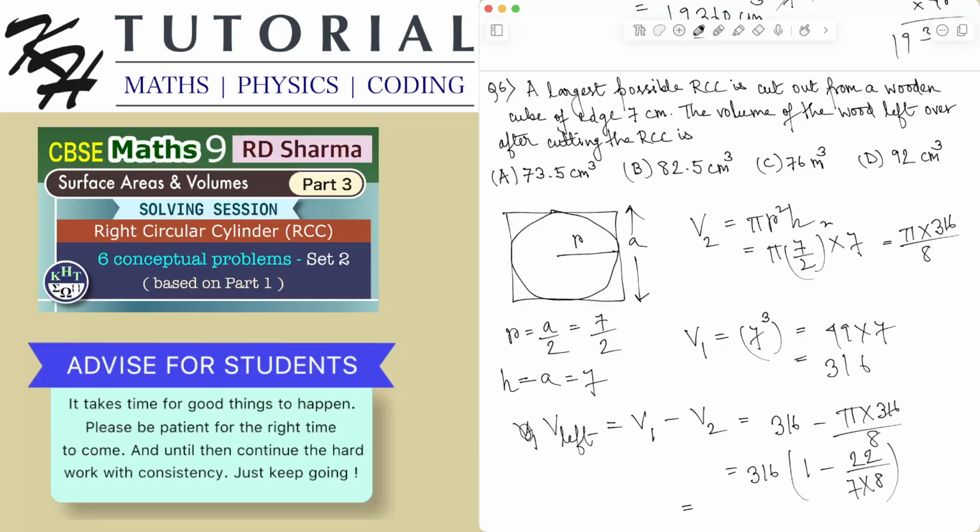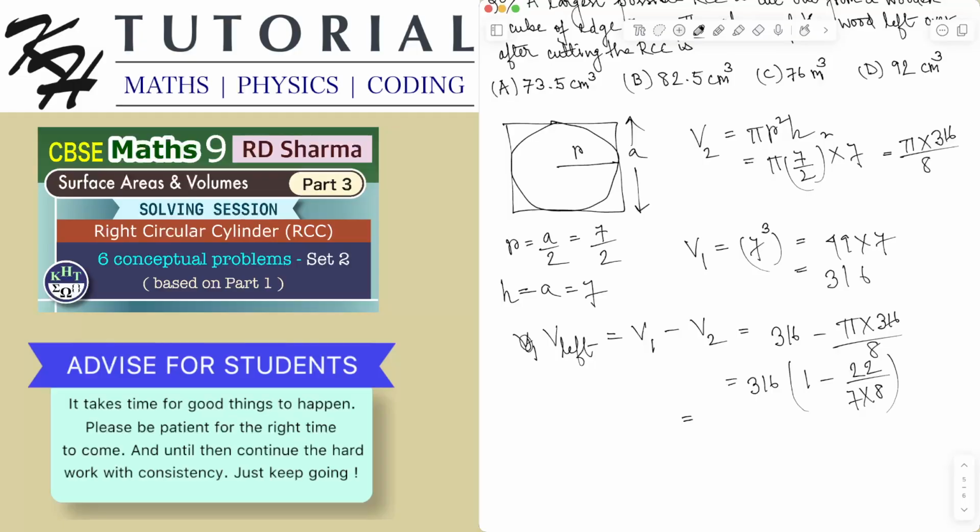This is equal to 7 cube multiplied by 1 minus 22 by 56. If I simplify this, it will be 34 by 56.